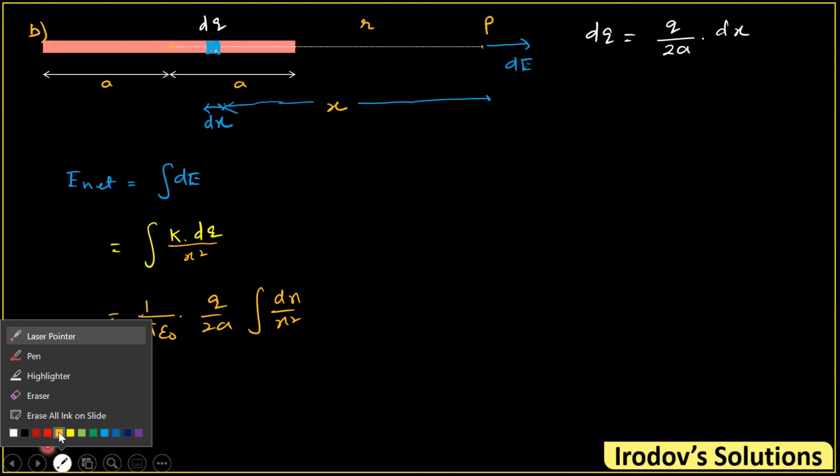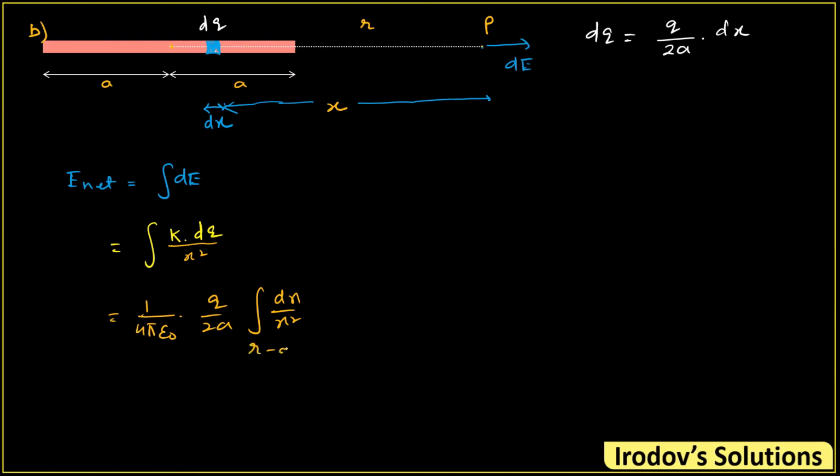So the limit will go from r minus a to r plus a, and this is now q by 8 pi epsilon naught a. And this integration will be minus 1 by x. If you put the upper limit and lower limit, I will get 1 over r minus a minus 1 over r plus a. Some simplification.